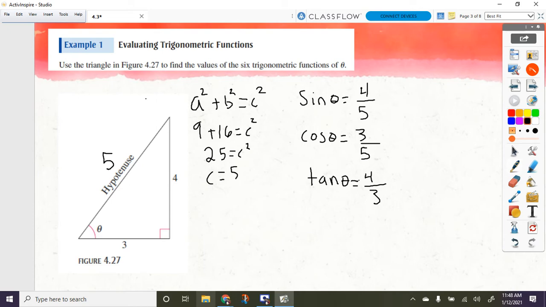Yep, and so from there we can just flip all of our fractions or find the reciprocal of each of our fractions, and those are going to give us our 3 reciprocal functions. So we have 5 fourths, 5 thirds, and 3 fourths. That's it.